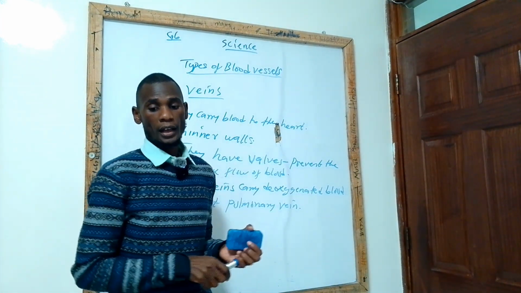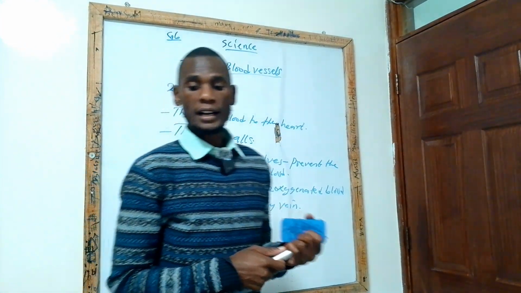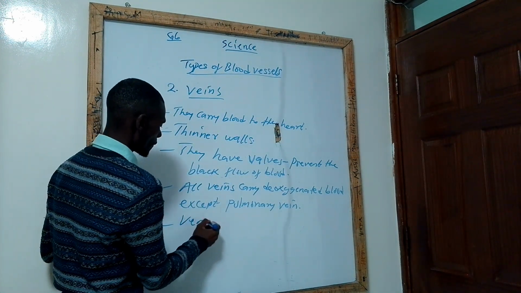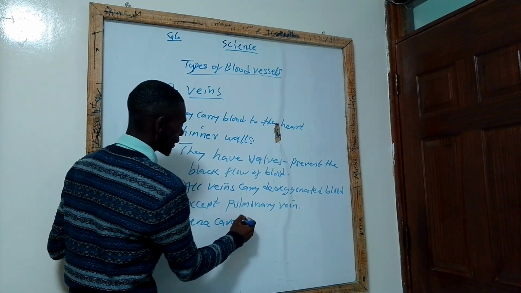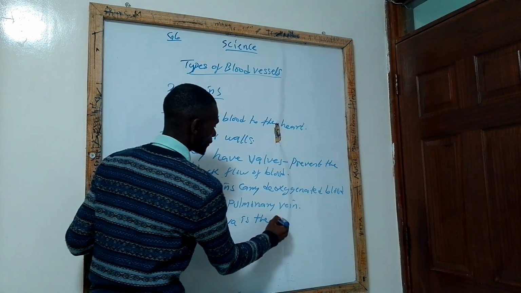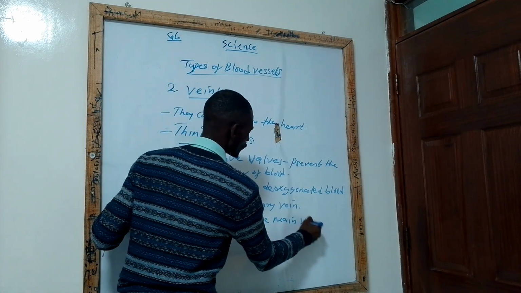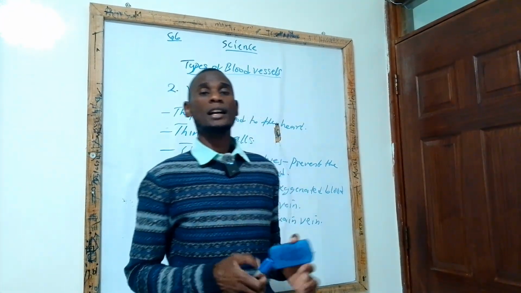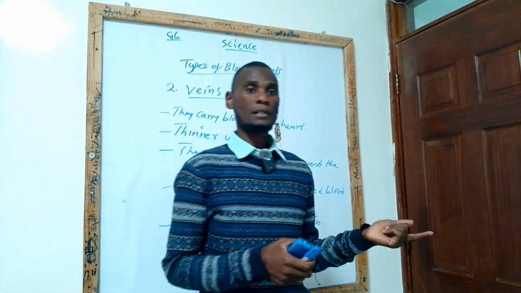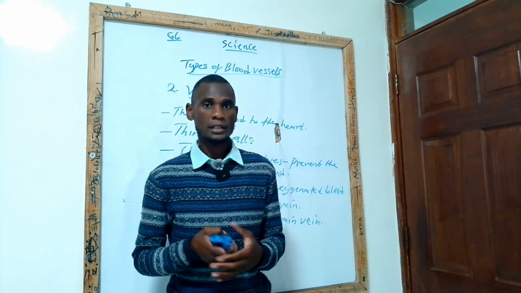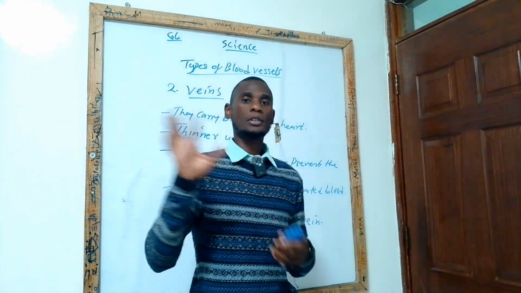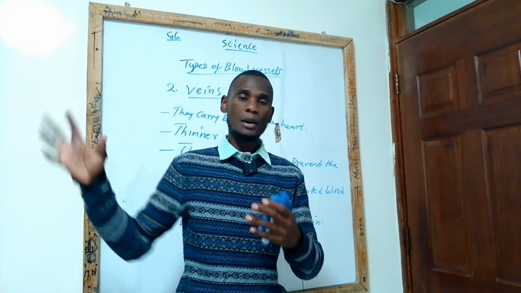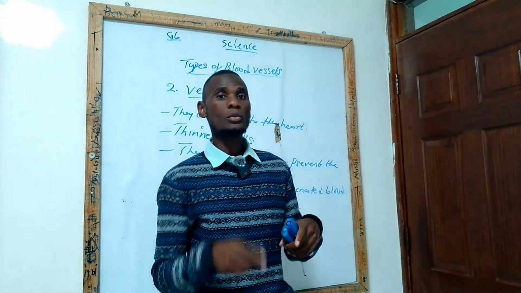Another thing, the vena cava is the main vein. Why do we call it the main vein? Just the way we said the aorta is the main artery because it carries a lot of blood to all parts of the body, that blood that went to all parts of the body will still come back to the heart through the vena cava.